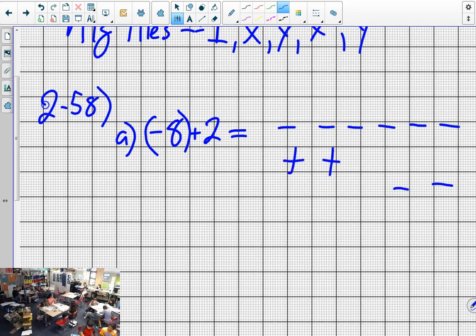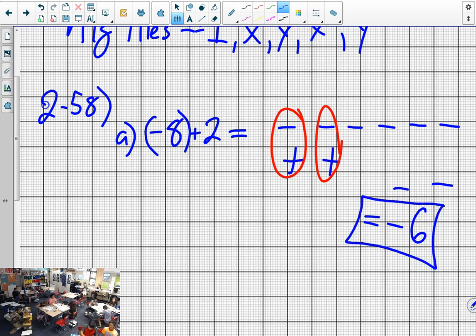What we've been doing this entire time is finding the additive inverses, grouping them, and seeing what's left over. Group, group. What's left? 6 positives. What? 6 negatives. Sorry, 6 negatives. And we get -6.